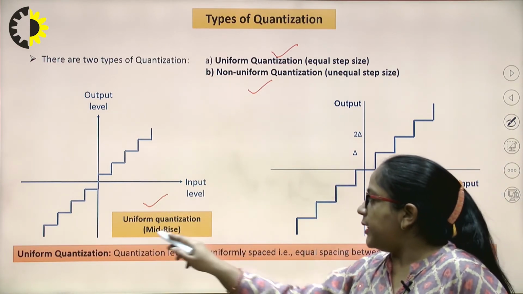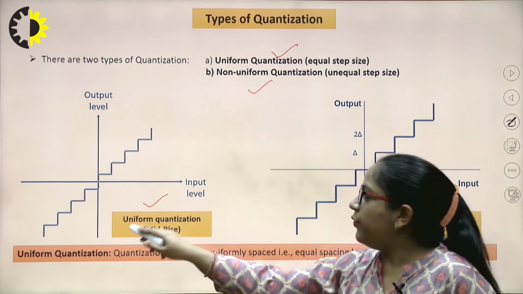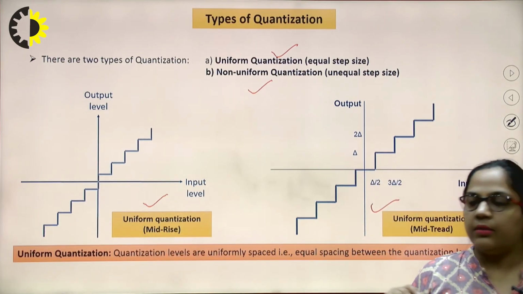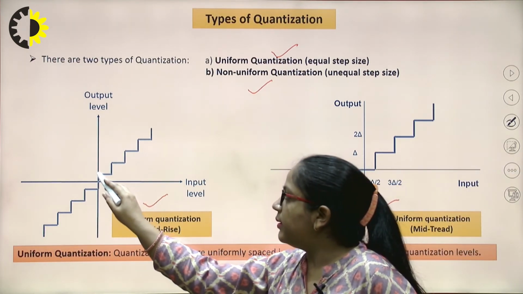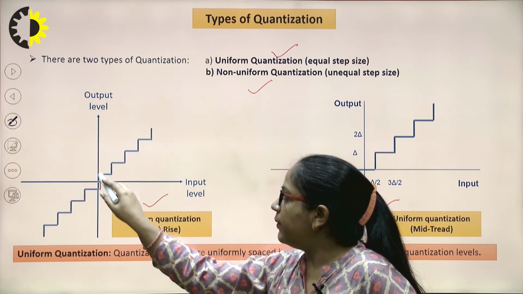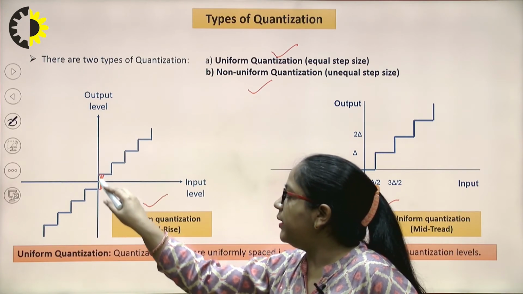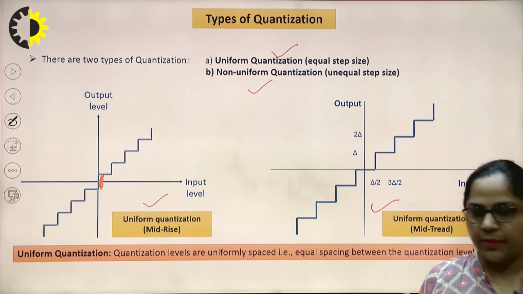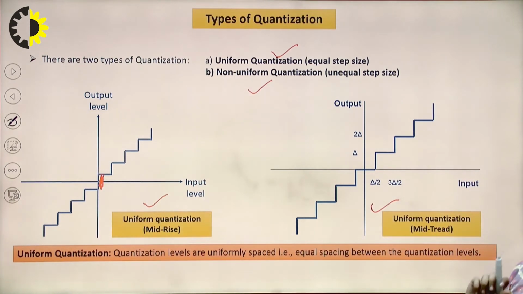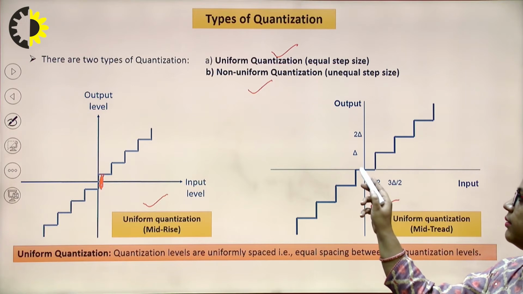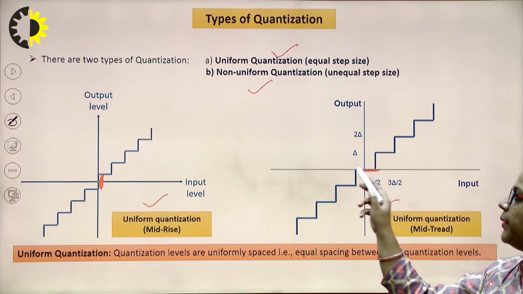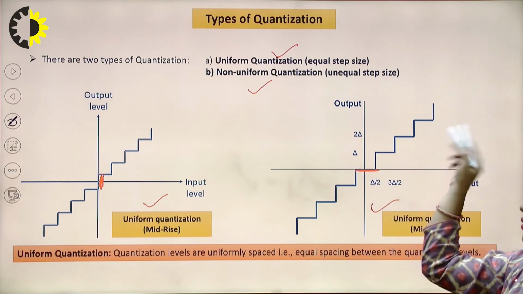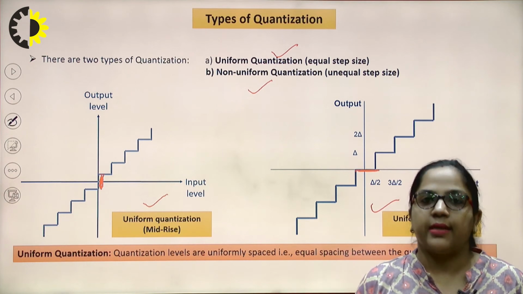The mid-rise uniform quantizer is a kind of uniform quantizer where the origin lies in the middle of the rising part of this staircase-like structure, while the mid-tread uniform quantizer is a kind of uniform quantizer where the origin lies in the middle of the tread of this staircase-like structure.